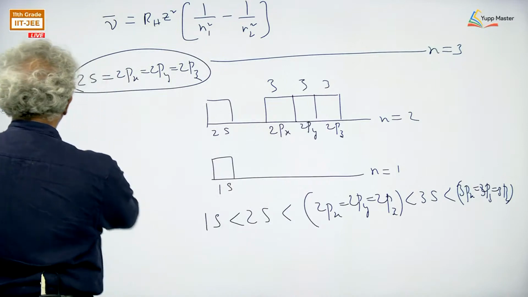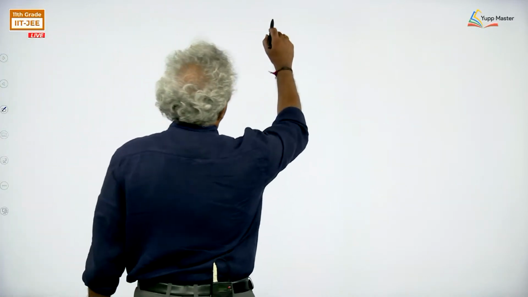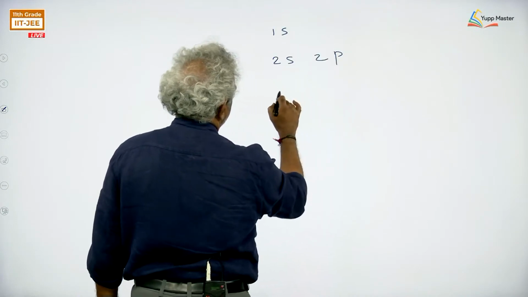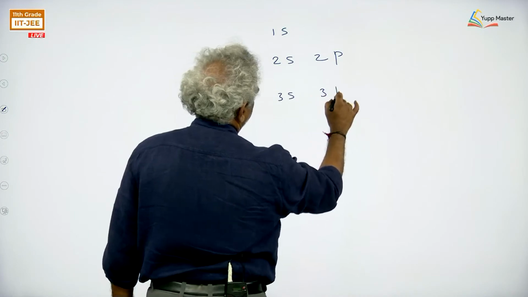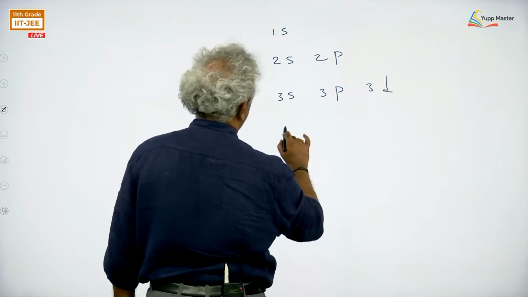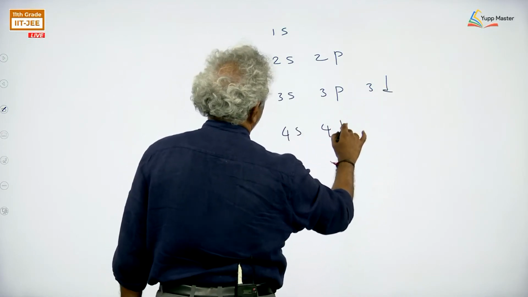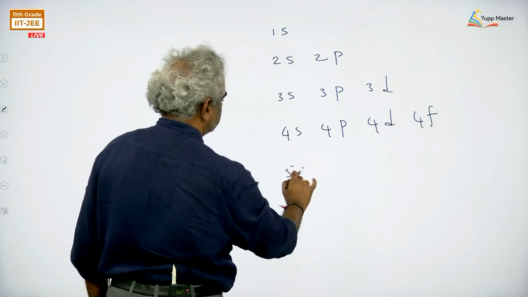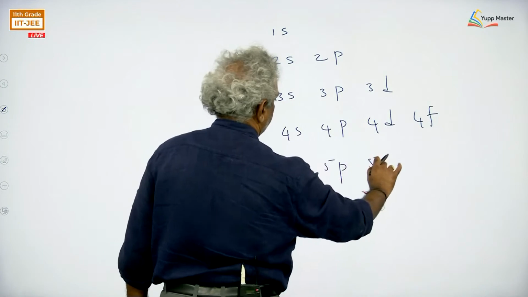Now my dear students, let us build up a beautiful thing. 1s, 2s, 2p, 3s, 3p, 3d, 4s, 4p, 4d, 4f, 5s, 5p, 5d, 5f.